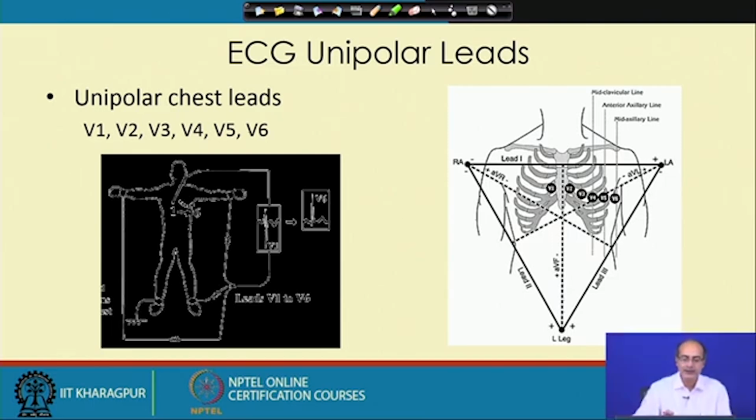In this case, for the unipolar chest lead configuration, the right foot is grounded like the previous one.